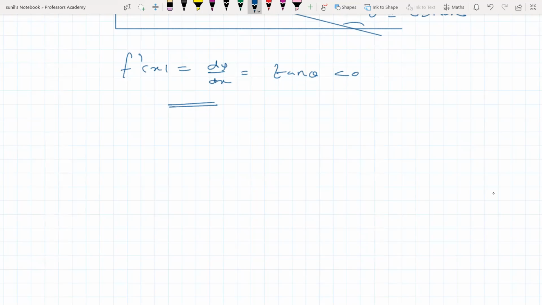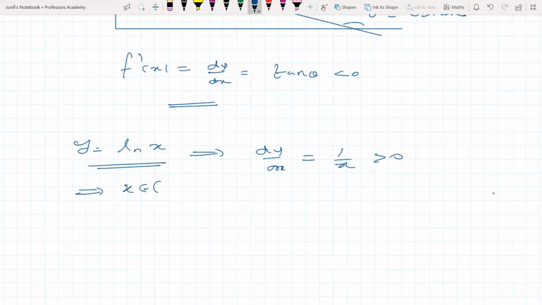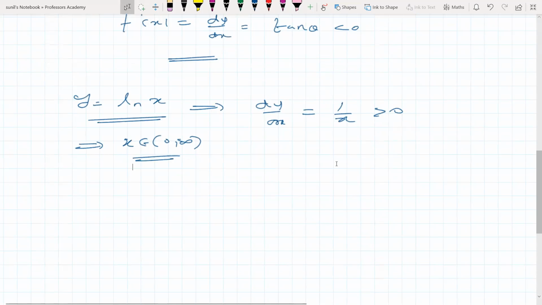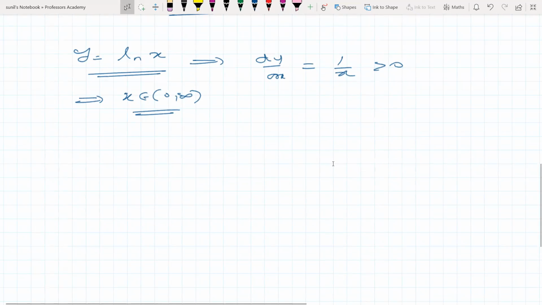So if you are going to draw the graph of ln x, we know that the derivative dy by dx is coming out to be 1 by x. This is positive because x should be positive. So whenever x becomes positive, dy by dx becomes 1 by x, that is also positive.